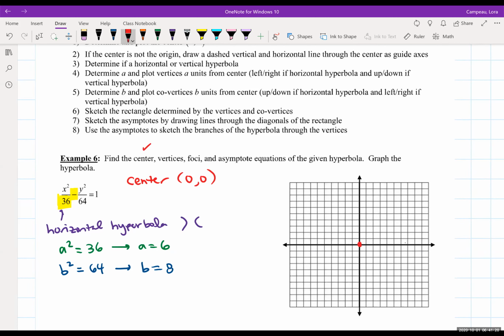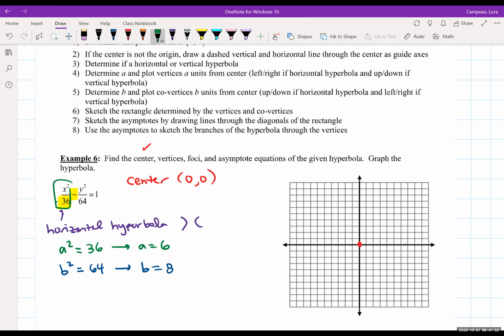And now what's interesting with this is we're going to draw our box before we draw anything else. The A and the B tell you the directions, and I always like to look at what the A term is underneath, and that tells me what direction I should be counting out from the center. So you notice that A equals 6, that's 6 units out from the center, and because that's associated with the x squared term, I'll be counting out left and right.